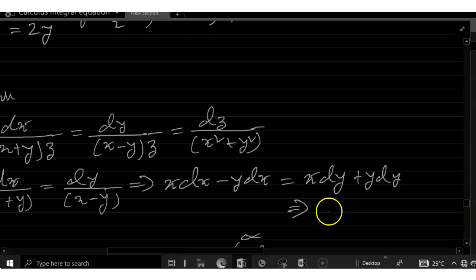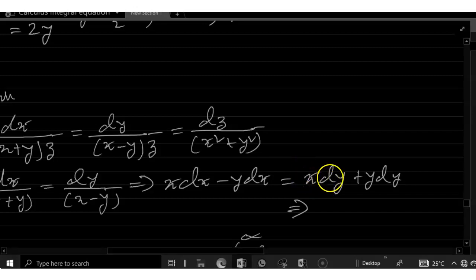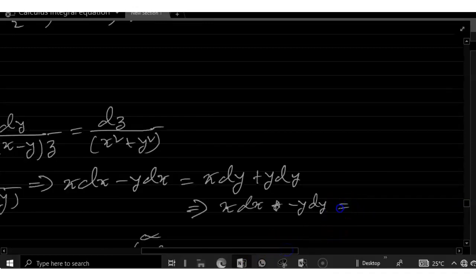So it can be written x dx minus y dy equals to x dy plus y dx.